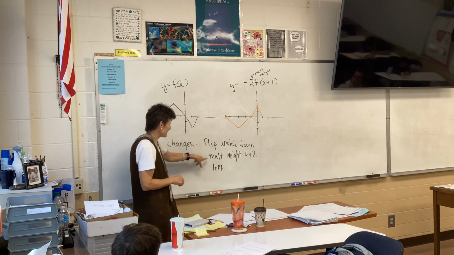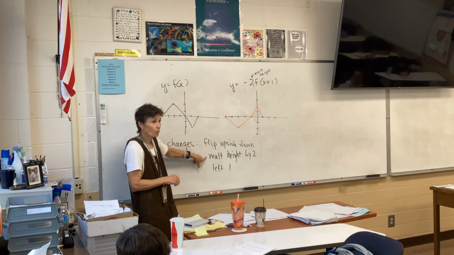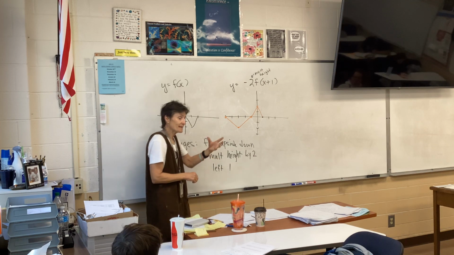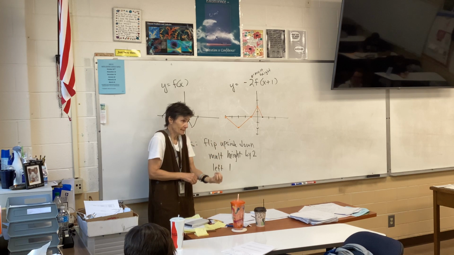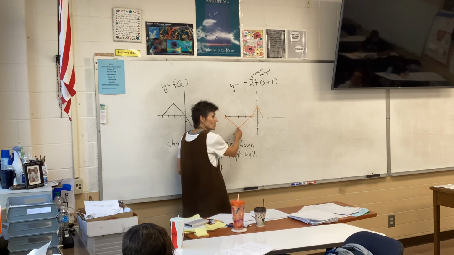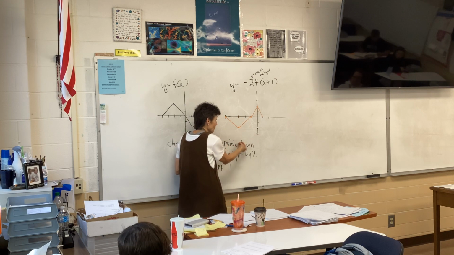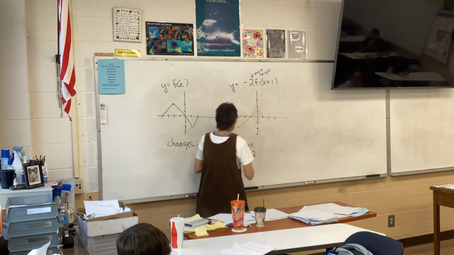Now, what's the only thing left to do to it? Make it twice as tall. So pretend it's like a rubber band. You're pulling it, stretching it. So instead of being down 2, this is now gonna be down 4. It's not moving.